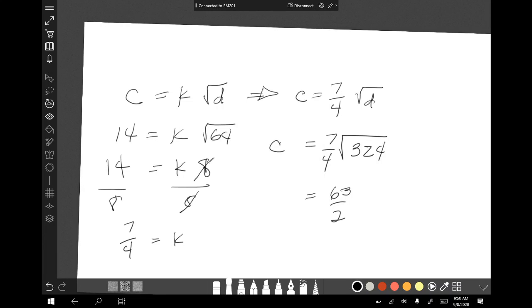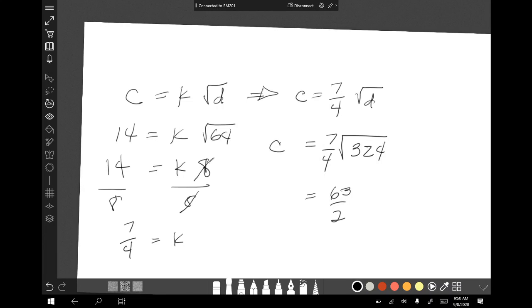So you just take the square root of 324, multiply that with 7. And then I guess you can't divide it fully by 4. You can divide it by 2. The 2s will cancel, but then you'll have a 2 left over in the bottom. She did it on a calculator. I know, but what did you do with the 7/4? I just plugged 7/4 into the calculator and then the square root of 324. What's the square root of 324?